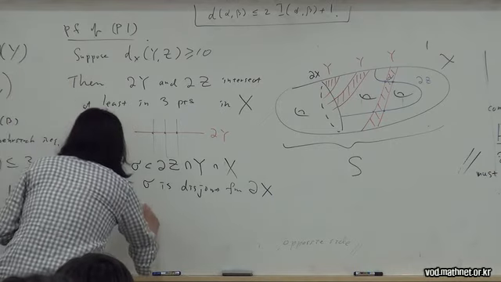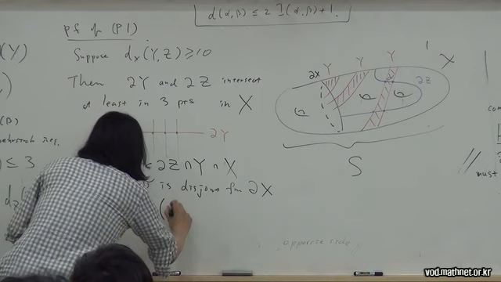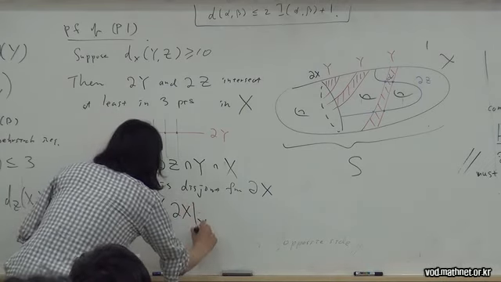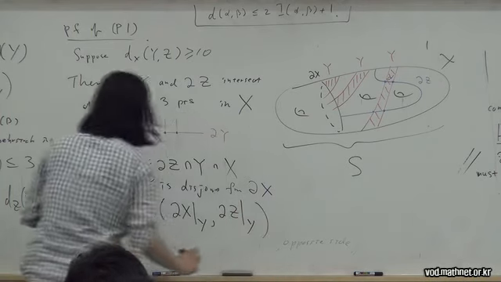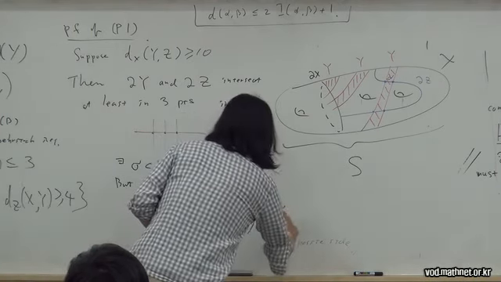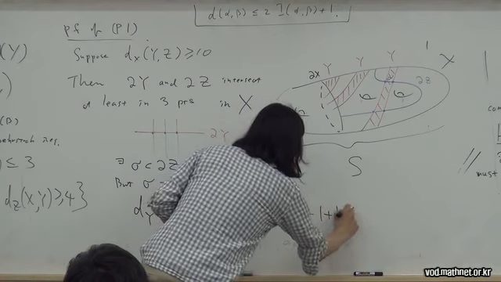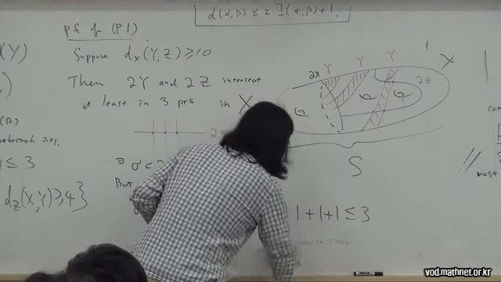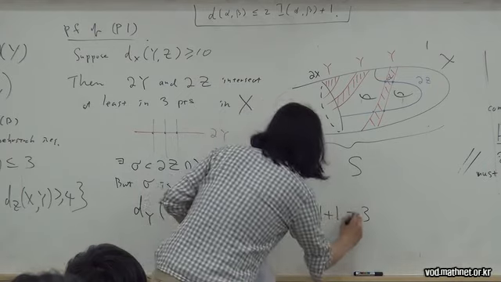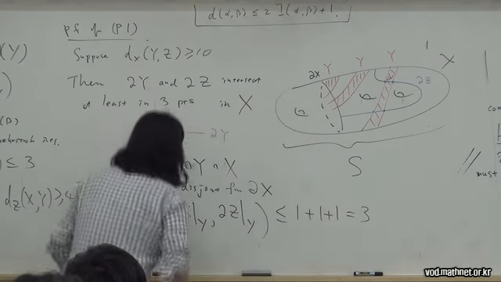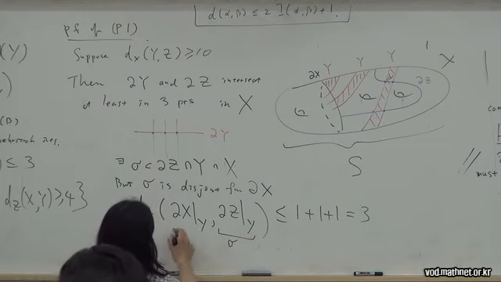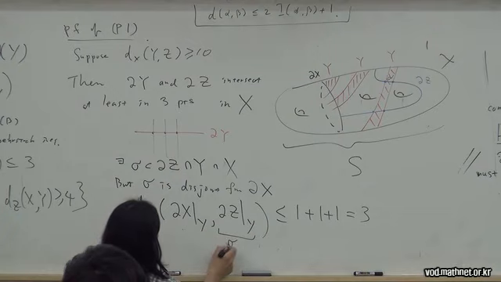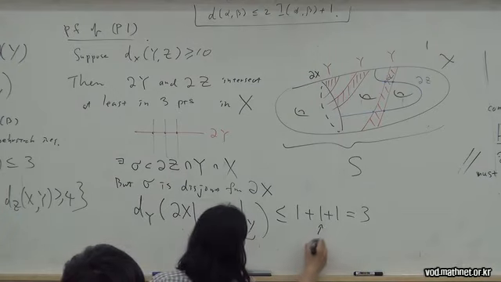So therefore, if I look at this one, Y, I claim this is 1 plus 1 plus 1, at most 3. Why? Because here you have sigma, and here you really have this, but this is disjoint, so this is from disjointness.